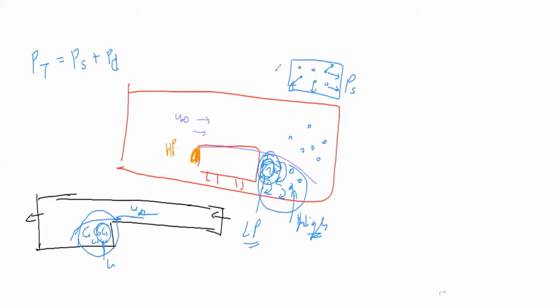But when there is some fan or something kept on, it will disturb the molecules, then static pressure will decrease and dynamic pressure will increase. So the thing is, this is a wind tunnel, and this is the inlet, and from here flow is allowed.